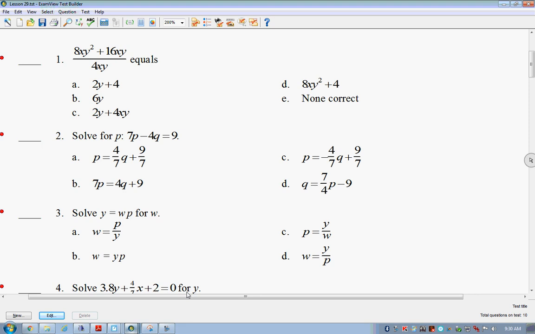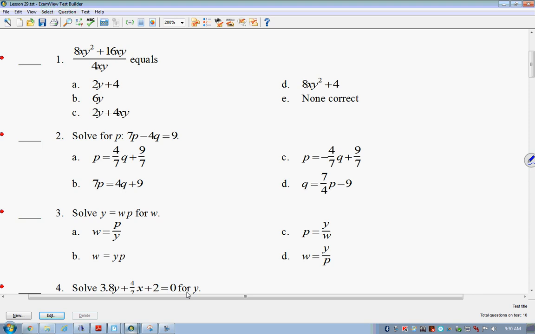With something like 8xy squared plus 16xy over 4xy, a lot of what this comes down to is factoring. What exists in every single term? Well, let's talk about what terms we have.